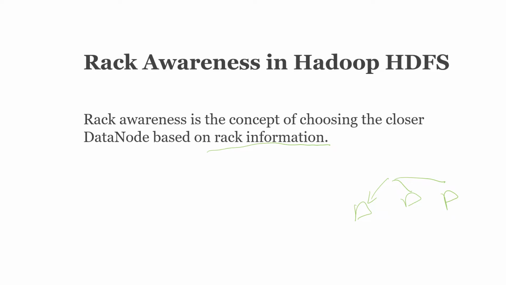If we store that kind of information in our name node, that will help us improve the performance in the network. So the whole idea of rack awareness is to improve the read-write capability in a network environment. Let's understand more in detail.